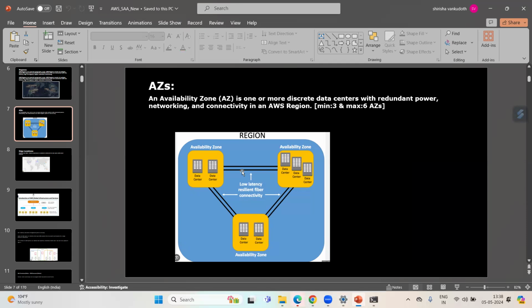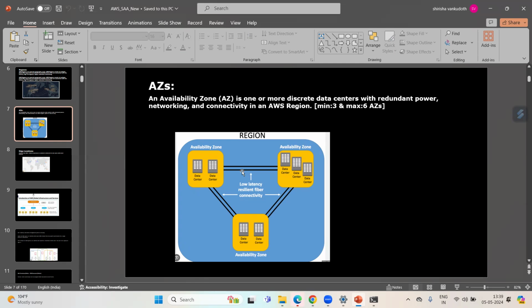AWS does not disclose where the availability zone is. They will say 3 availability zones to use, but they will not say which location and all, right? So they will not disclose it to us, but as of now they have at least 3 availability zones in a region, or 6 availability zones, depending on their load, and they have built their infra accordingly.